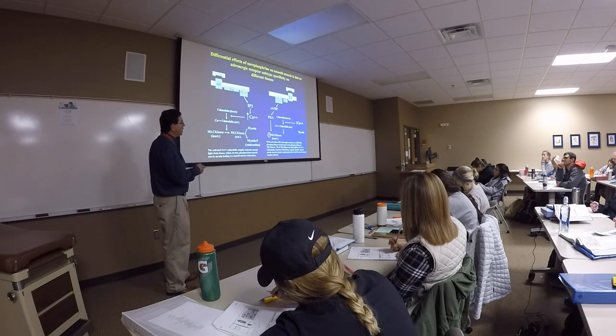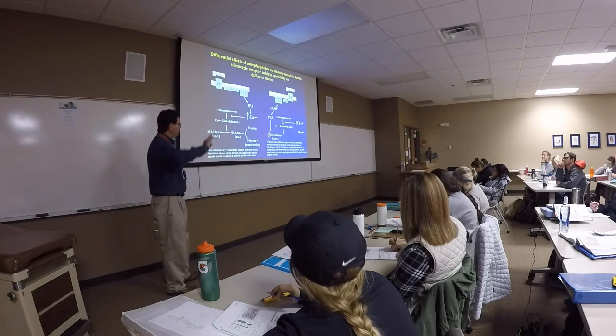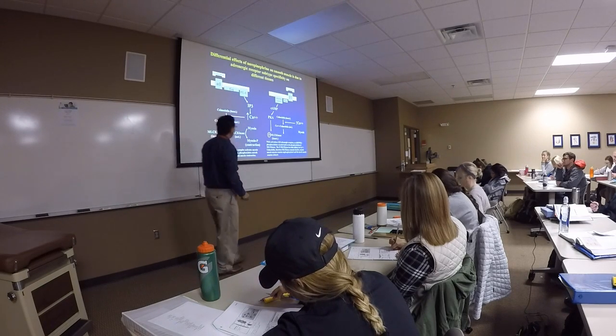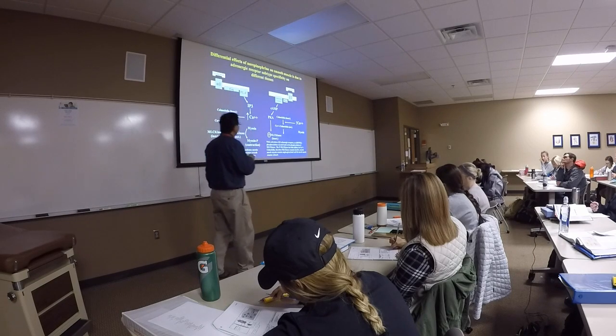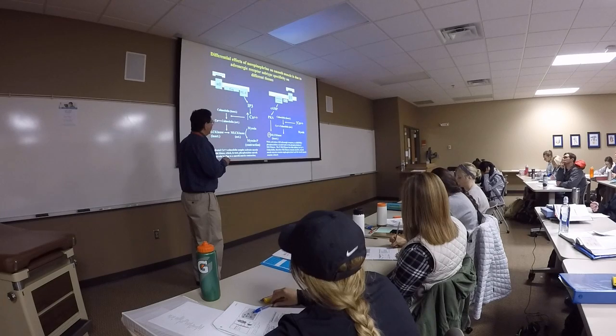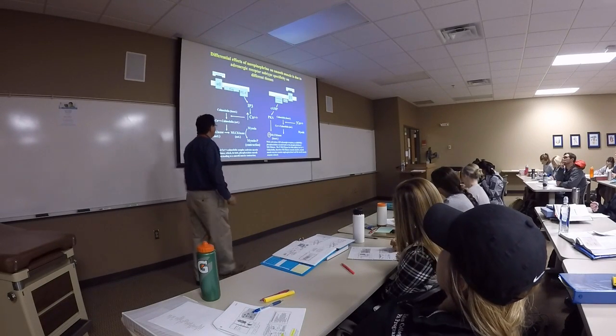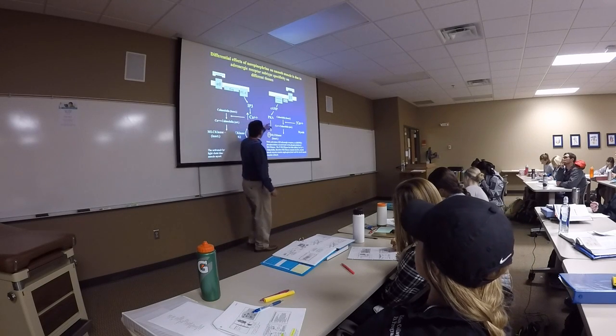Different membrane receptors have different signal transduction pathways. That's what we talked about early on. With beta-2s, the norepinephrine binds a beta-2, it activates a Gs G protein, which activates adenylate cyclase, leading to cyclic AMP generation.